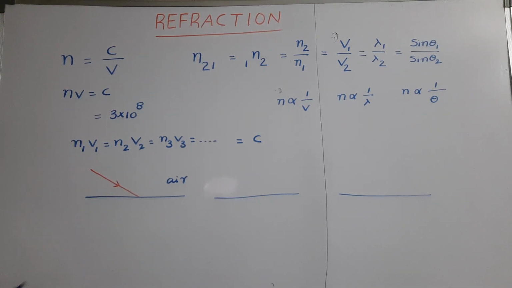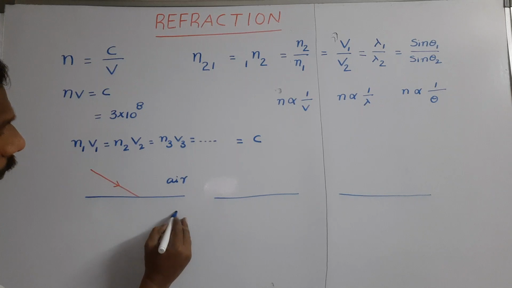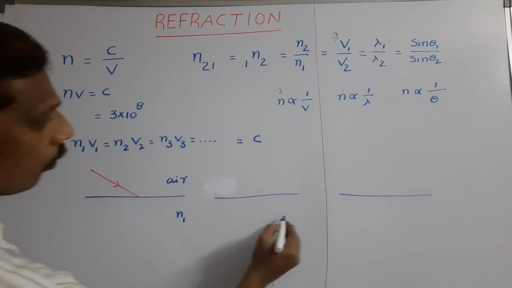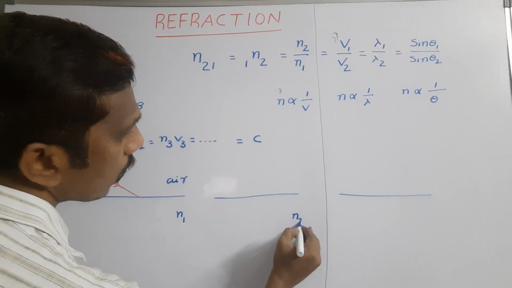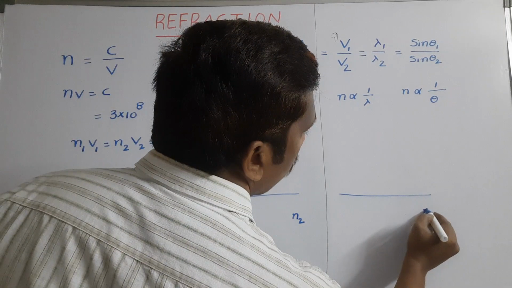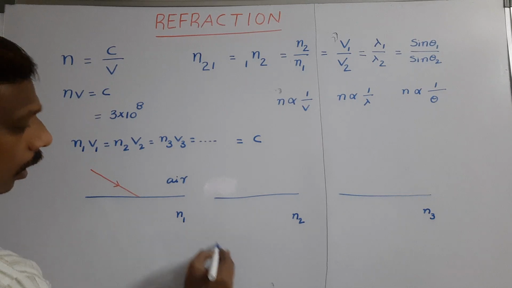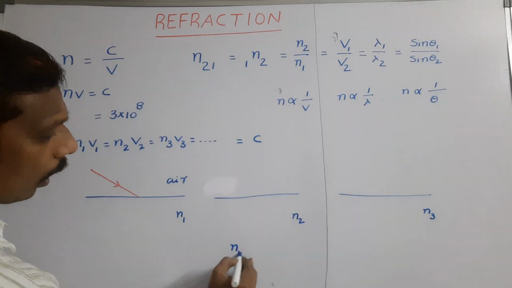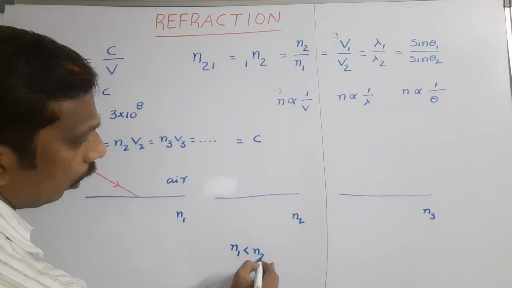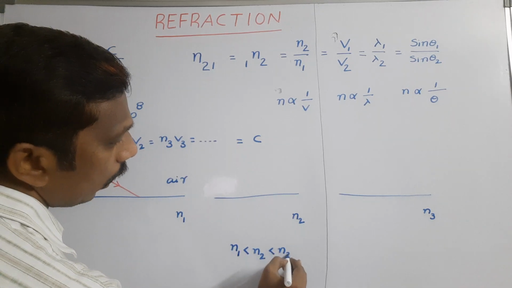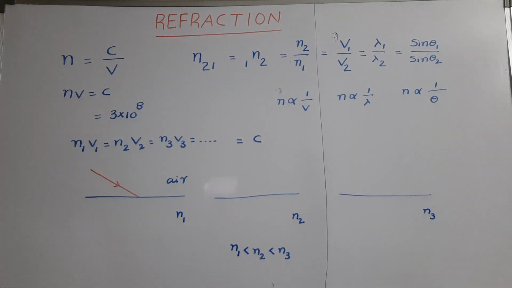For example, this medium refractive index is n1, this medium refractive index is n2, and this medium refractive index is n3. In these three mediums, n1 is less than n2, n2 is less than n3. So now we see how the angle of deviation and velocity change.